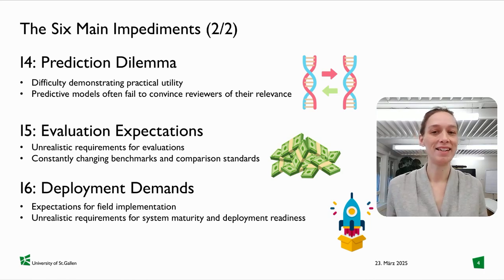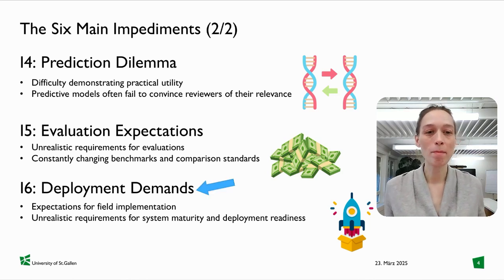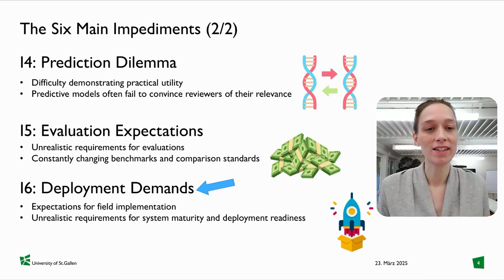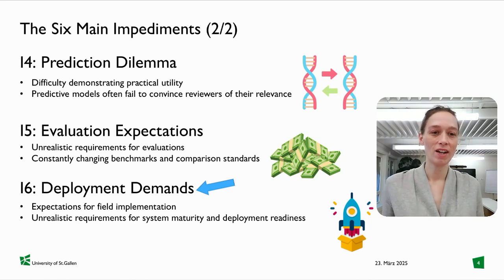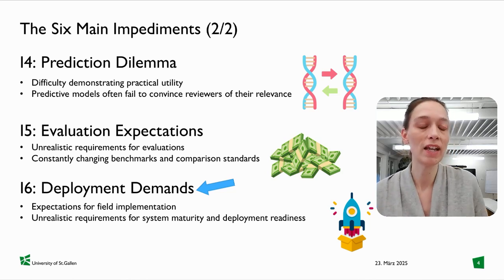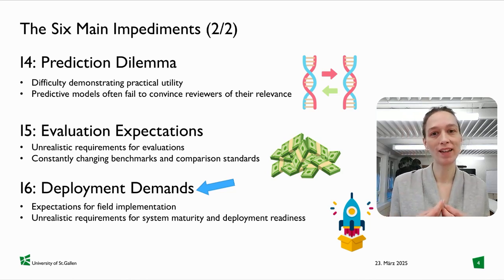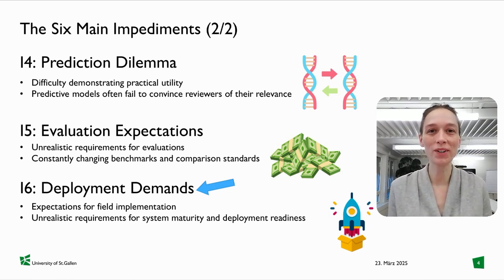And then the last impediment or problem are the deployment demands. So in design research, one of the needed contributions is also that the new models, we call them artifacts, that the new artifacts are tested on the field. So it's tested in the real world.